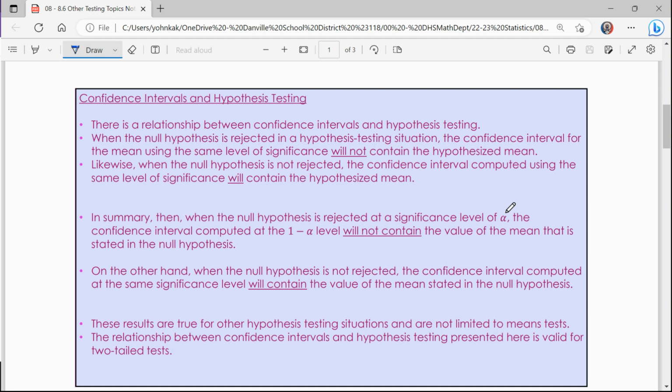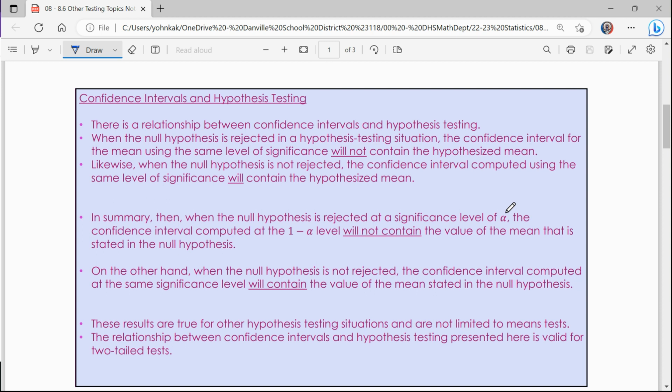There is a relationship between confidence intervals and hypothesis testing. When the null hypothesis is rejected in a hypothesis testing situation, the confidence interval for the mean, using the same level of significance, will not contain the hypothesis mean. So, if we are rejecting the null, then the confidence interval will not contain the mean.